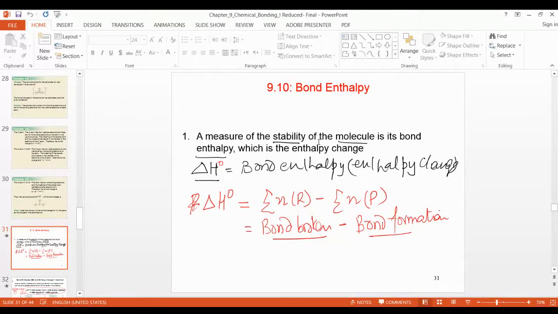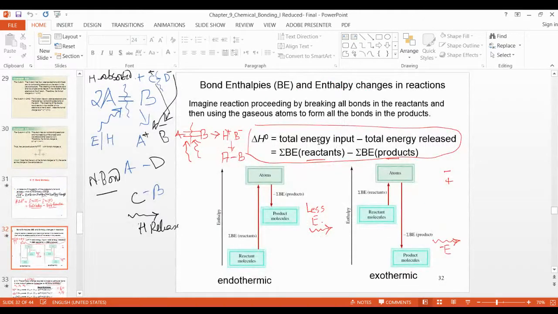When the reactant changes to the product, you require some energy to break the bonds, and some energy is released when the bonds are formed. So it is the total bond energy of the reactants minus the bond energy of the products.